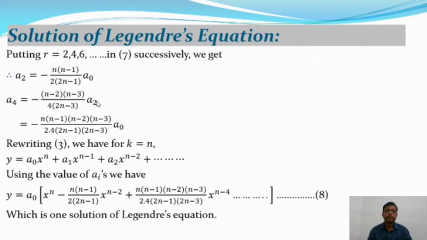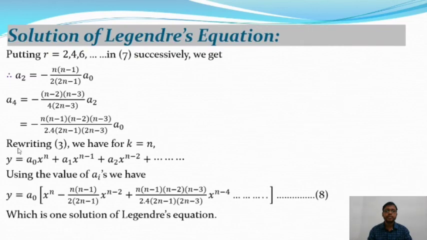And after putting the value of a2 in that, we'll get minus n into (n minus 1) into (n minus 2) into (n minus 3) by 2 into 4 into (2n minus 1) into (2n minus 3) into a0.